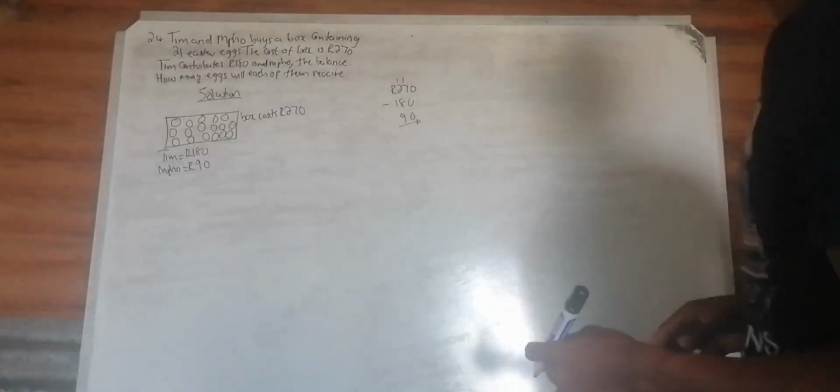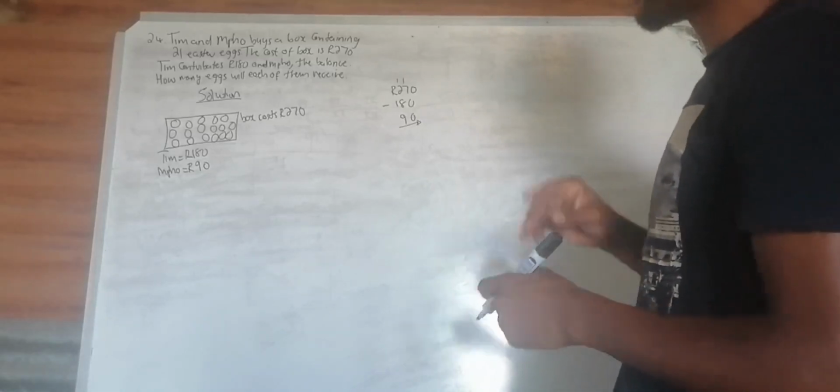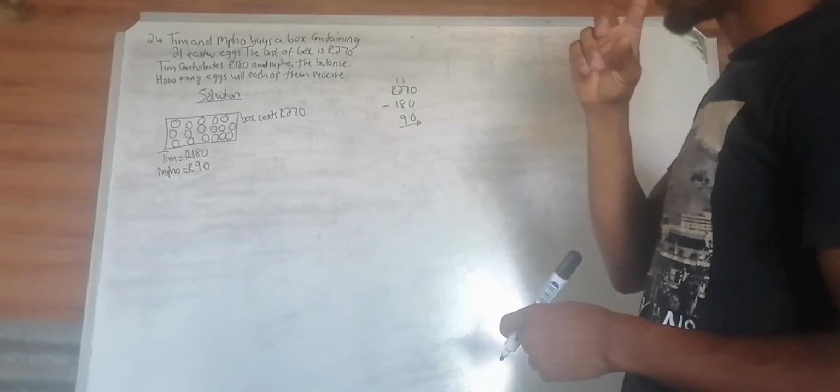So how are we going to solve this? Tim contributed 180, Mpho contributed 90 rand. Together they give 270, but there are 21 eggs inside.